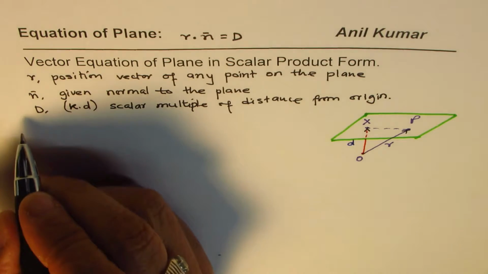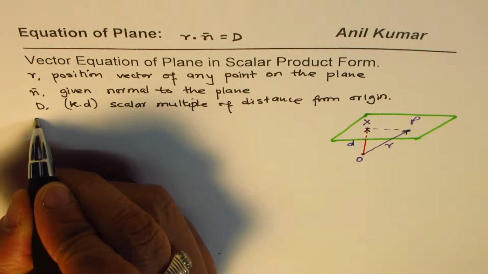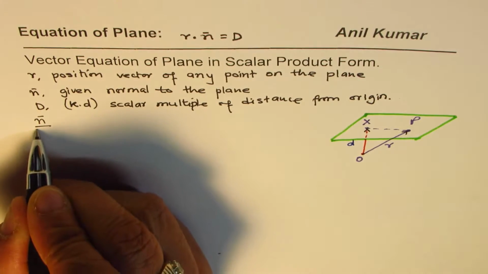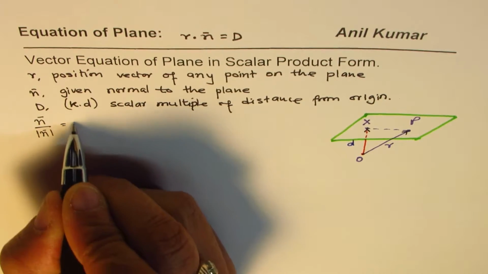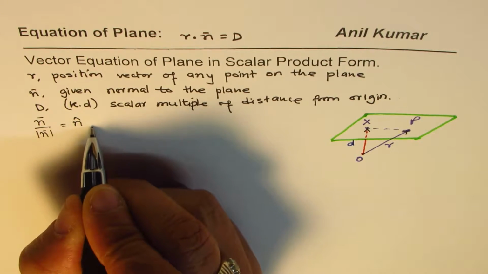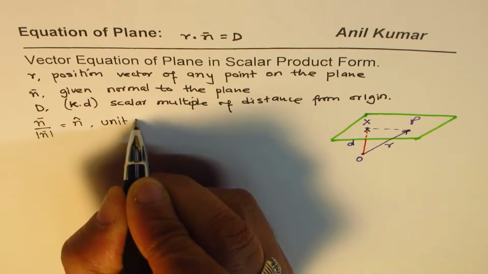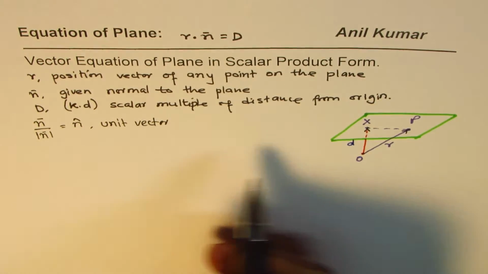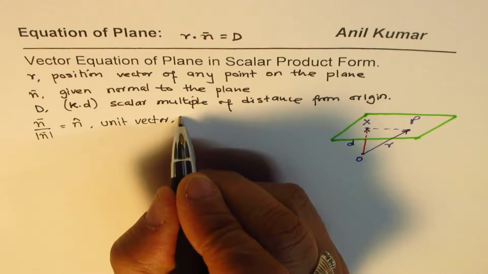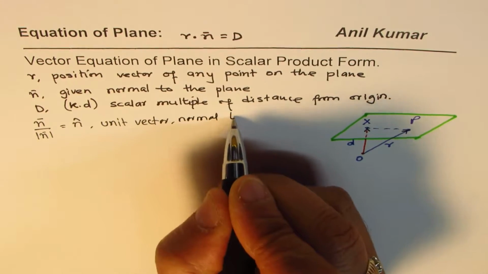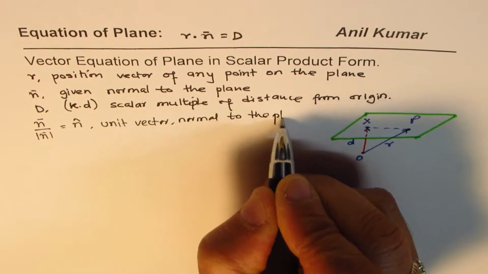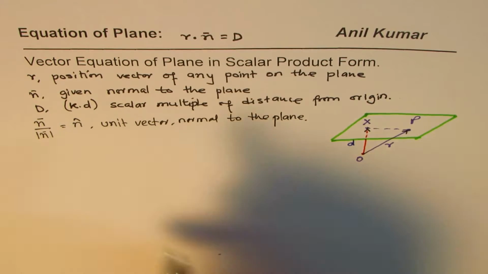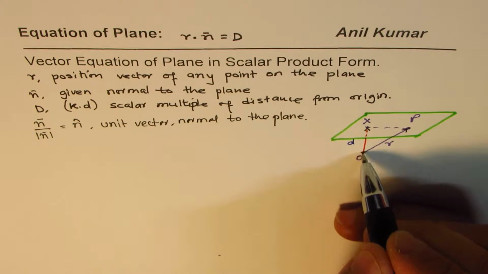Let us say we are given n as the normal vector. In that case, n divided by the magnitude of n will give us the unit vector n, which is normal to the plane. Why did I take the unit vector? The idea is that we have the distance from the plane given to us.